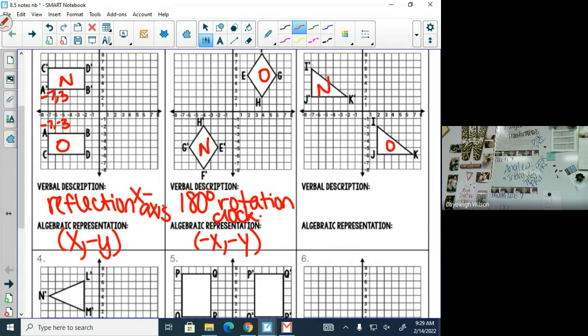So I'm going to have to count here. I'll count from I to I. So it looks like I had to go 1, 2, 3, 4, 5, 6, 7, 8, 9. So it looks like I went left 9. And I'm going to count to see how many it moved up. 1, 2, 3, 4, 5, 6, 7, 8. So it went left 9 and up 8.